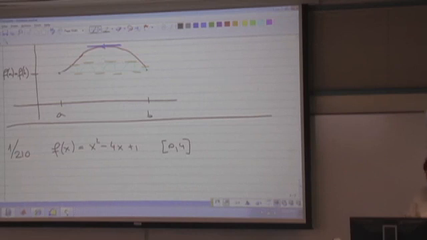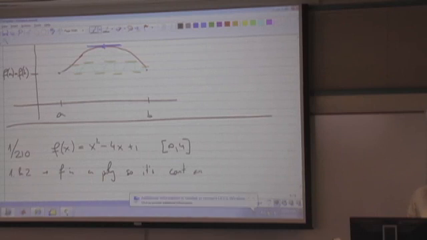Okay? So number 1 and number 2, clearly f is a polynomial. So it's continuous and differentiable on the entire real line.